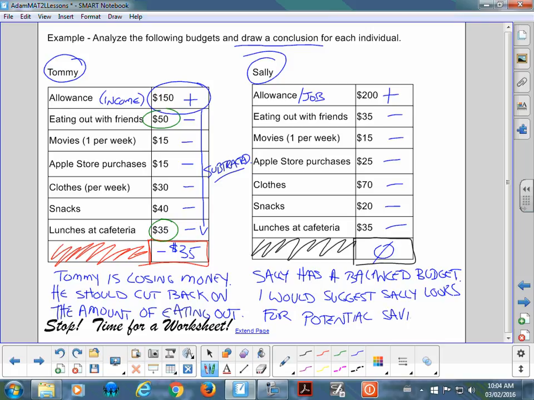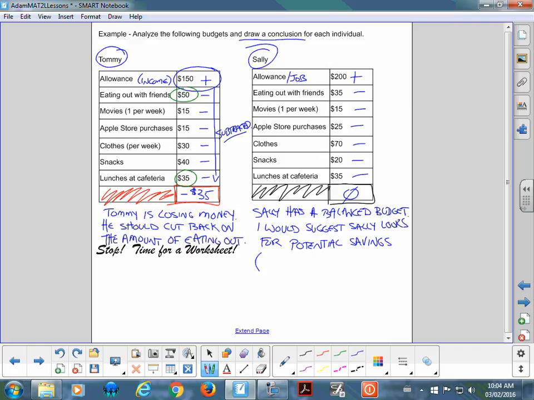All right, and an example would be the same as our friend Tommy there. Pack lunches for school. Because at least she'd be saving $35 a week in that case. So although she has a balanced budget, although it's in the black, still something to consider.